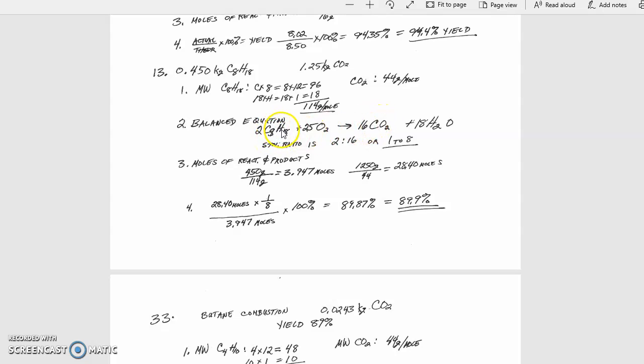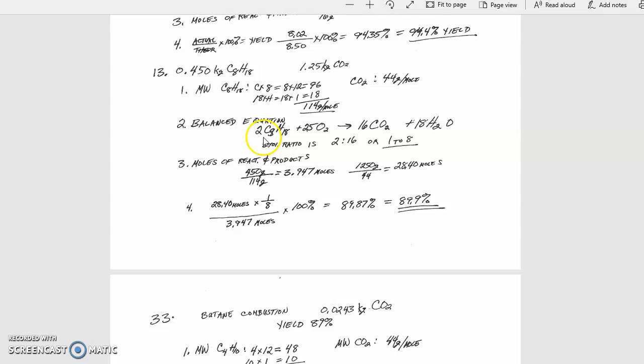You have 36 hydrogens here. You have 36 hydrogens here. You have 18 oxygen there, plus another 32 there, don't you? So that's a total of 50, right? 25 times 2. Okay? So you have the same number of oxygens on both sides, same hydrogens on both sides, same number of carbons on both sides.